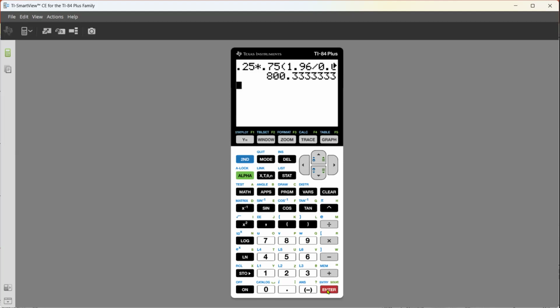800.3333, whatever. Now, again, if I'm rounding 800 to the nearest whole number, this is going to be 800, but any fractional portion I need, I'm going to round this up. So I'm going to report my answer as 801 for the first part, assuming that I had a 25% proportion available.